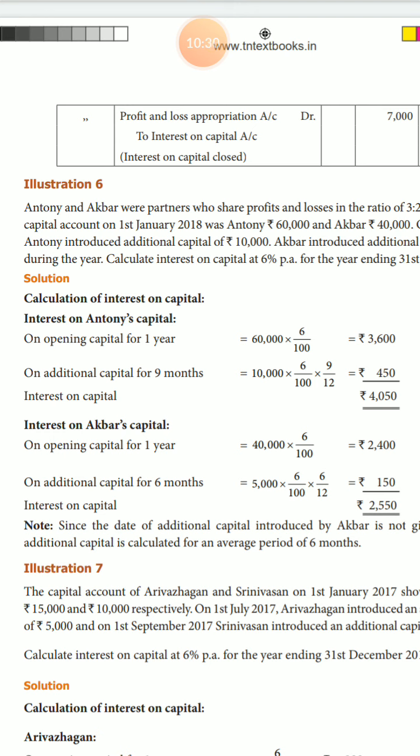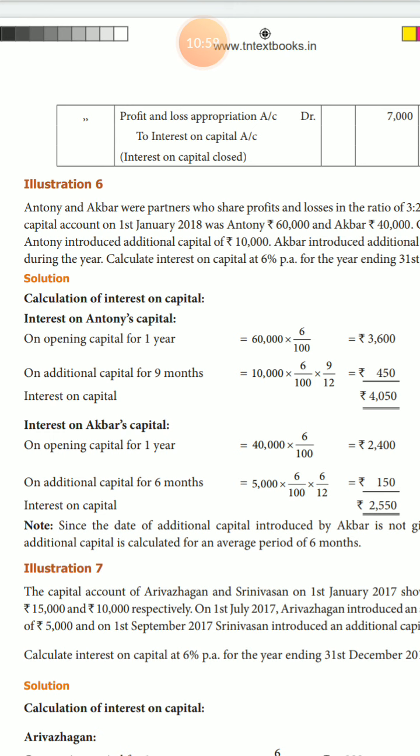Antony's opening capital interest is 3600, and the additional capital interest is 450. The total is 4050 rupees. Next, interest on capital for Akbar.